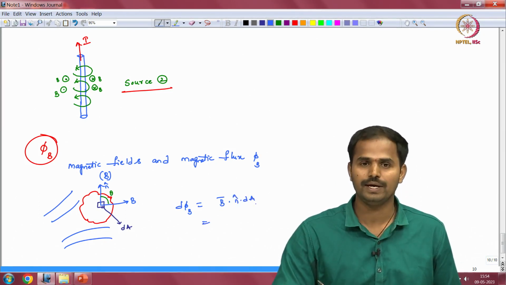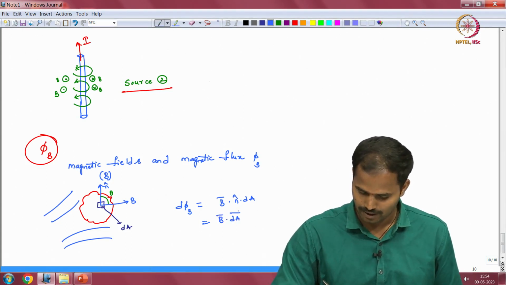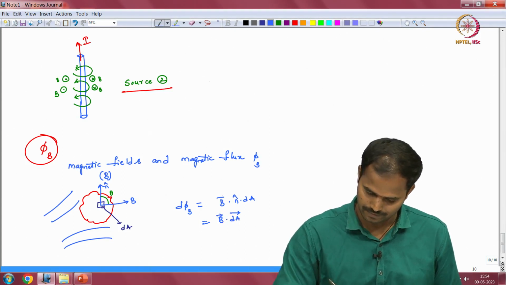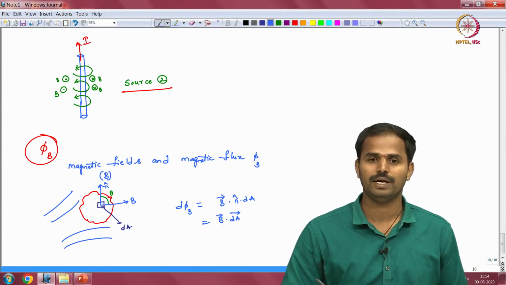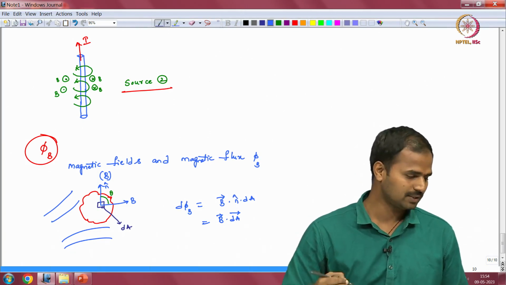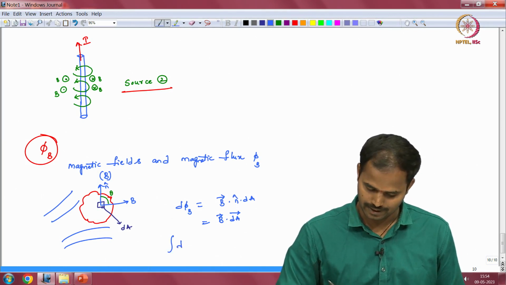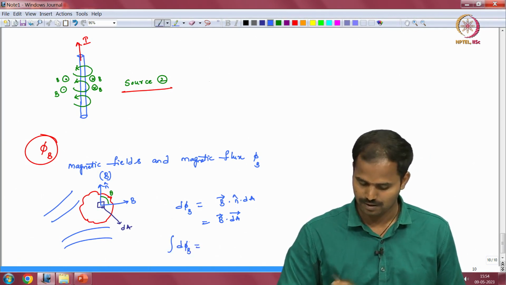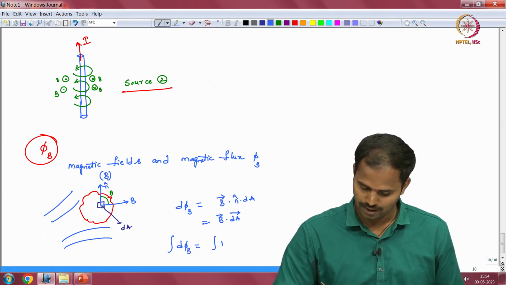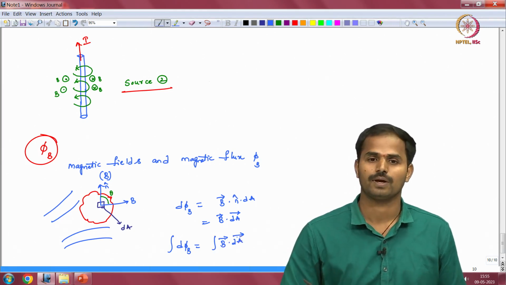Generally n cap into dA is represented as dA bar, it is also a vector, so B dot dA. If we want to find the flux over the entire area, we have to integrate it: phi B equals the integral of B dot dA.